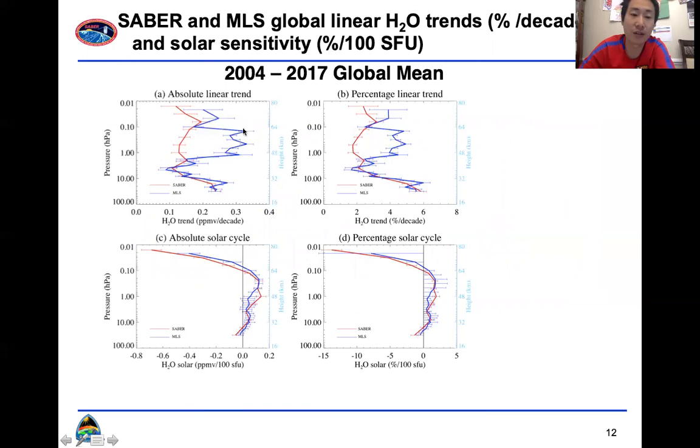The left side is the linear trend in absolute values, and the right-hand side is relative values, which is the absolute value divided by the global mean water vapor at the corresponding levels.